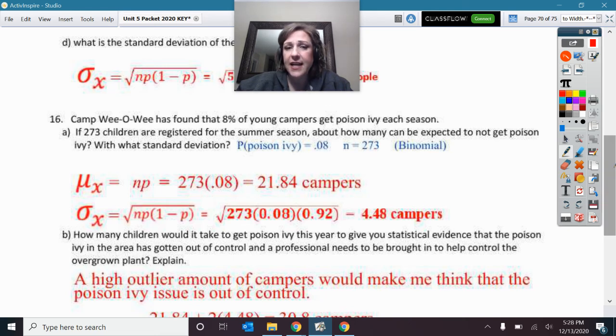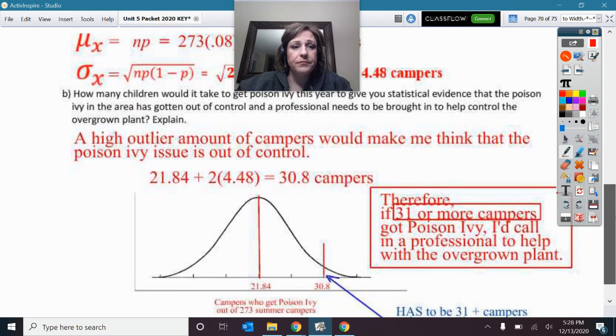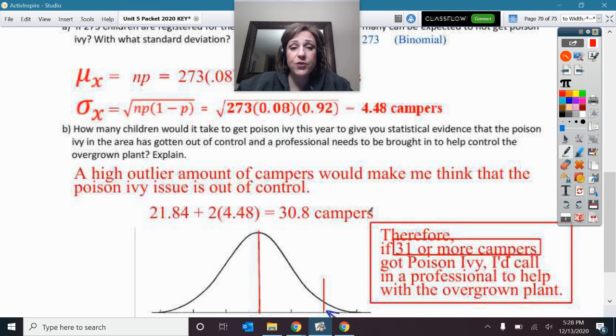Now, the next question is important. How many children would it take to give you statistical evidence that there's a problem going on there and that there's a lot more poison ivy than you have had in the past?